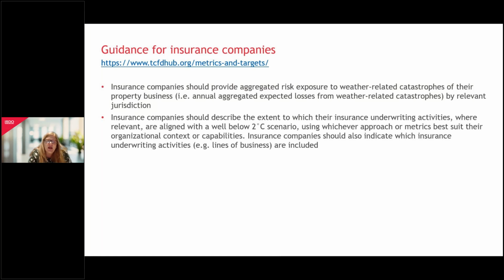And also they should describe the extent to which their insurance underwriting activities are aligned to well below 2 degrees Celsius scenarios. So are they insuring businesses that are on a journey to a low carbon economy, for example? So that's important that insurance call that out. And we know a lot of insurance companies, again, are having these conversations with people who want to get insurance.